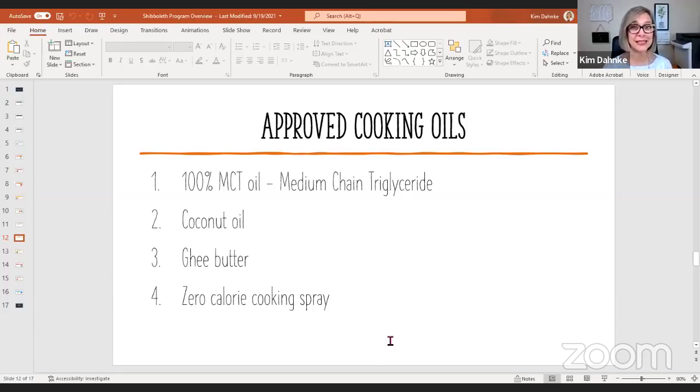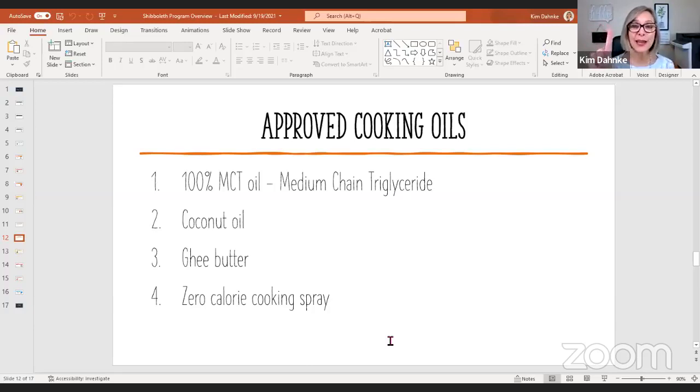Now, the reason I don't say, oh, drink it, put it in your food, all that kind of stuff, is that we use it for 3 purposes only. We don't take it as a supplement. We don't put it in bulletproof coffee. We don't randomly add it to shakes. This stuff still has calories to it, even though it burns quickly, and it's the better oil to use for cooking. But we use it for 3 reasons only. 1, cooking.